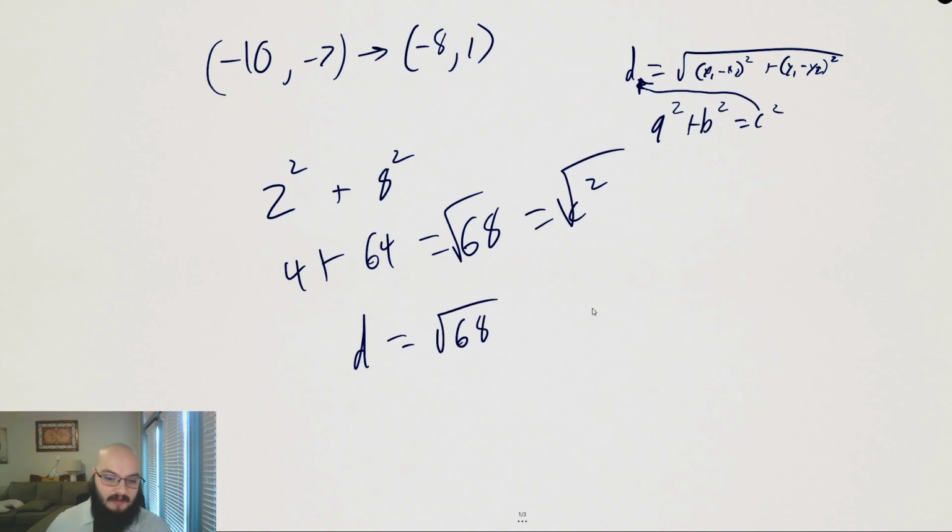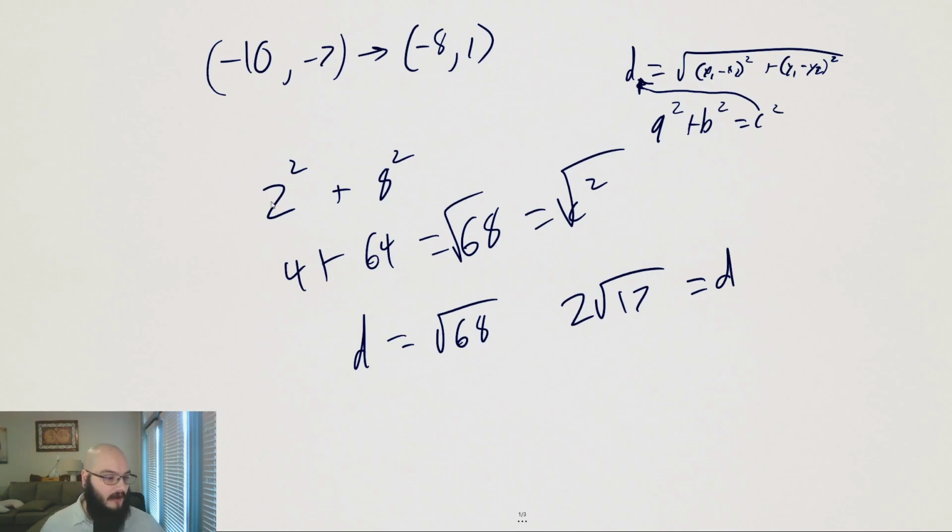And simplifying this down is going to be 2 times the square root of 17. And that is the distance between this point and this point, is 2 times square root of 17.